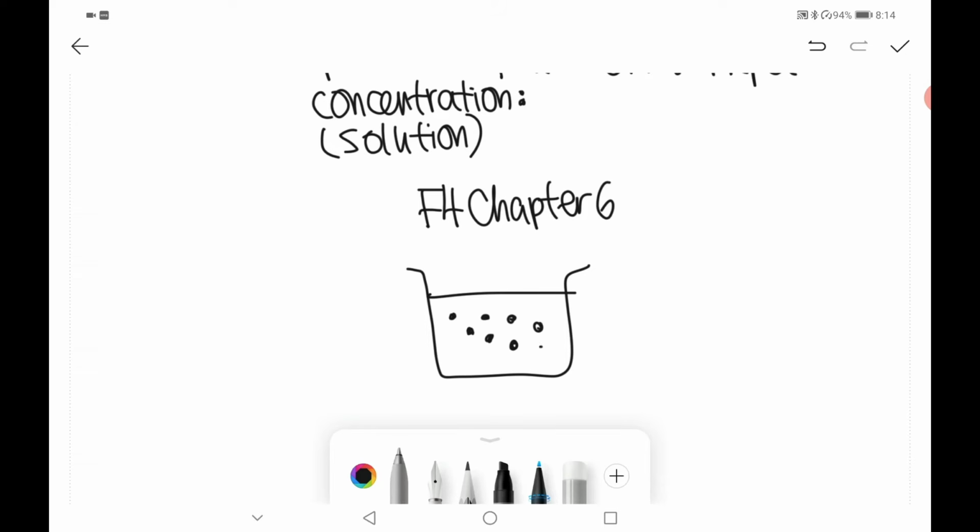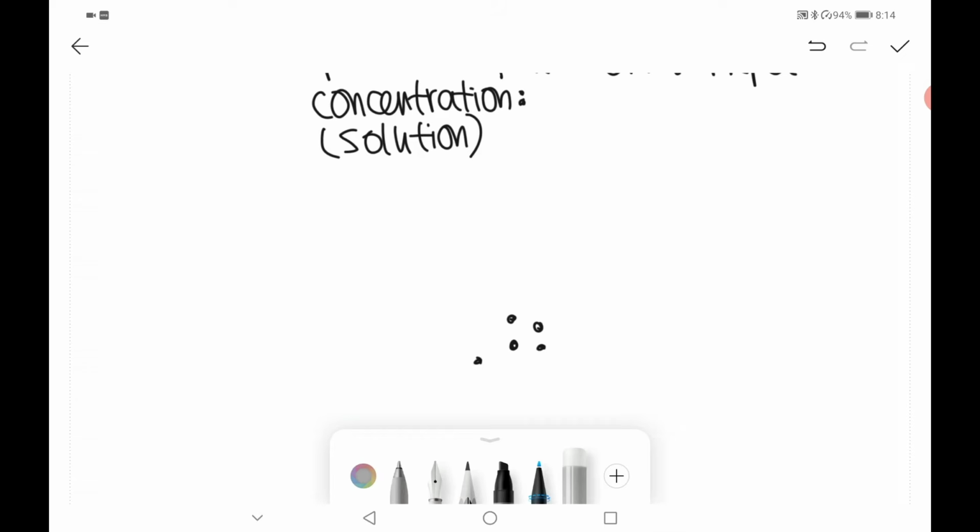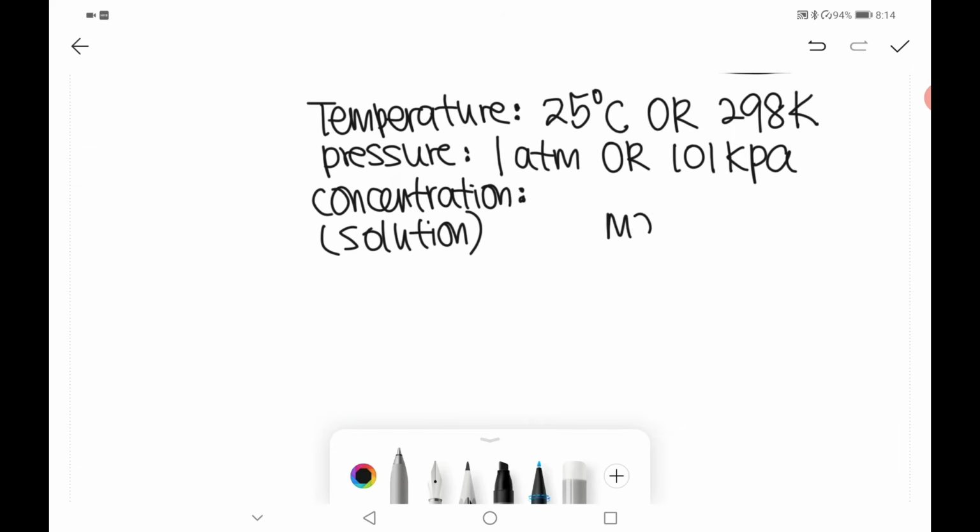If the solution has many things inside, it's concentrated. If it has very little inside, it's diluted. The unit for concentration is mole per dm cube. Concentration can also be called molarity.